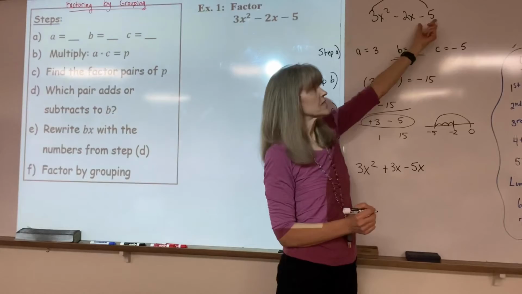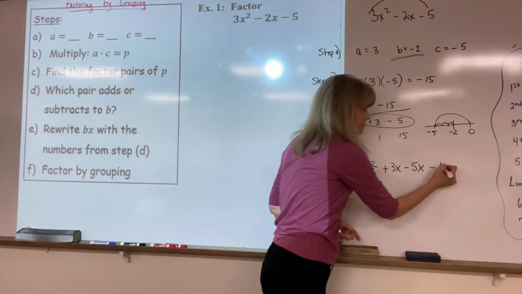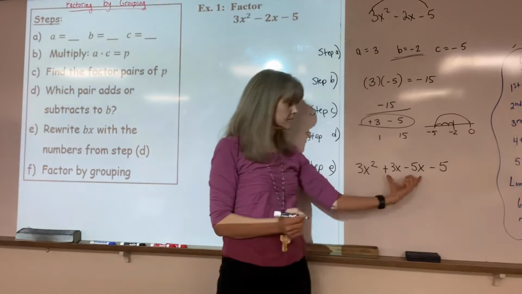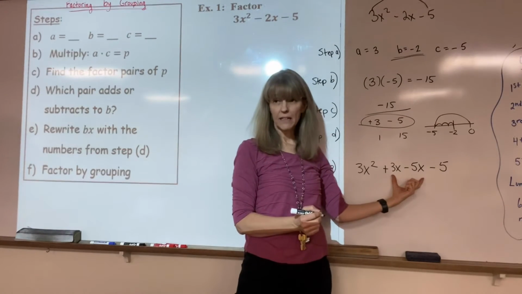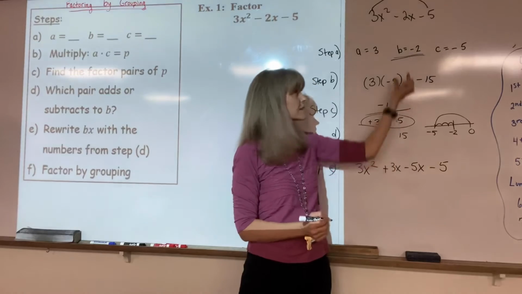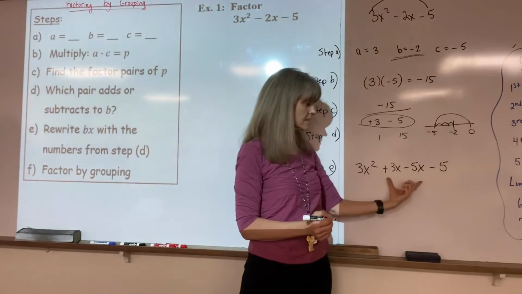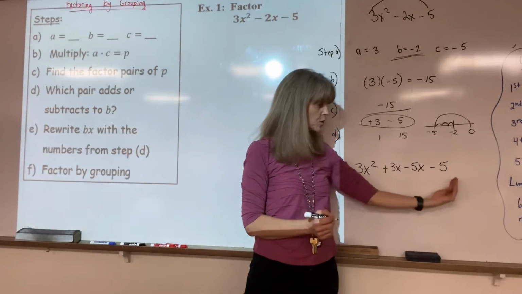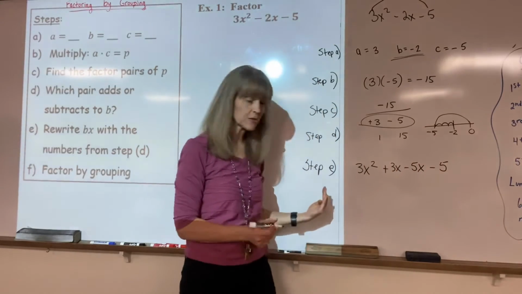And then I've got the -5 on the end. So it's like these would be combined like terms to give us the -2x. We just separated them out because now I have 4 terms and I can factor by grouping.